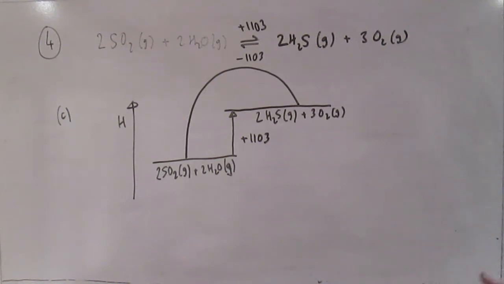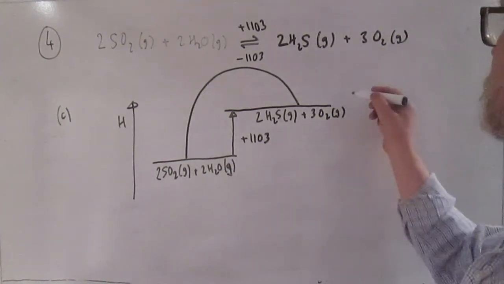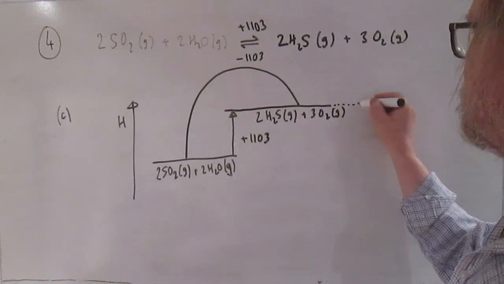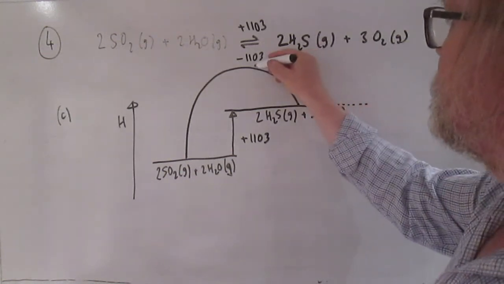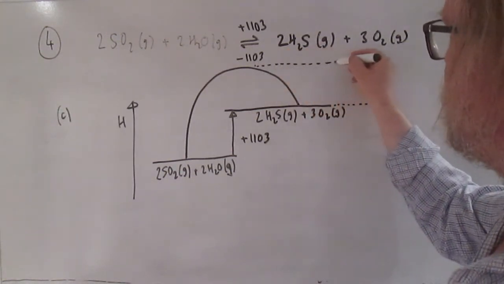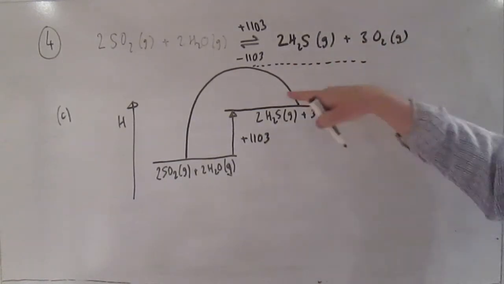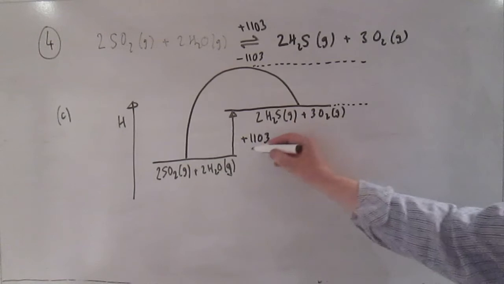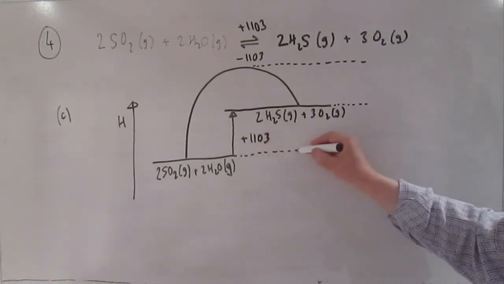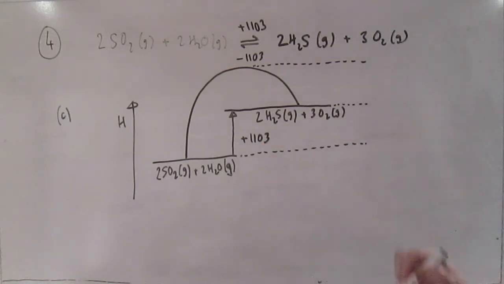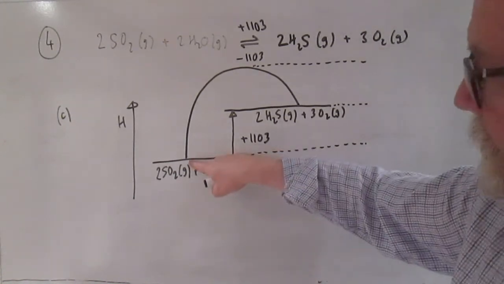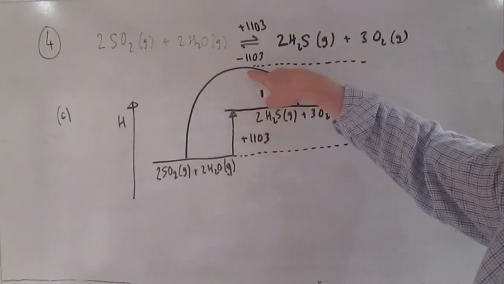So as we said before, the best way to keep these diagrams uncluttered is just to draw these energy levels like this, and this one as well. Now, the activation energy for the forward reaction is going from here to the top of the hill.